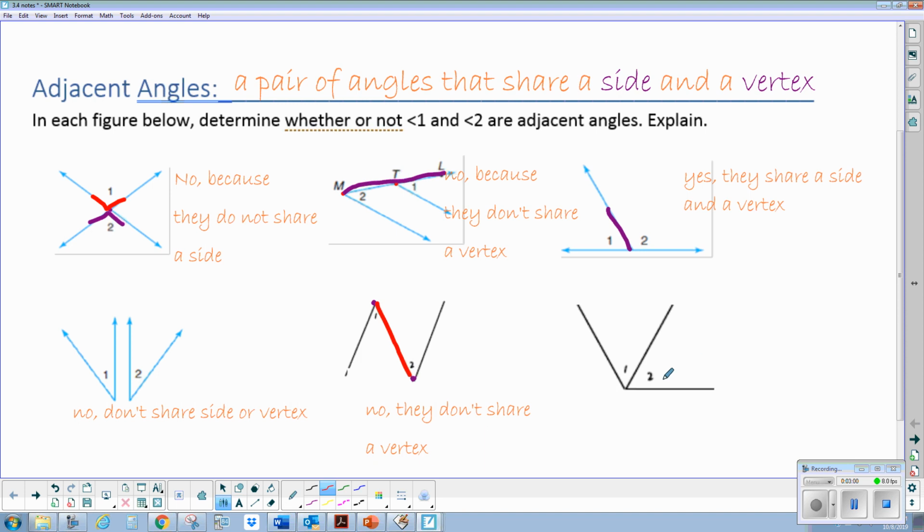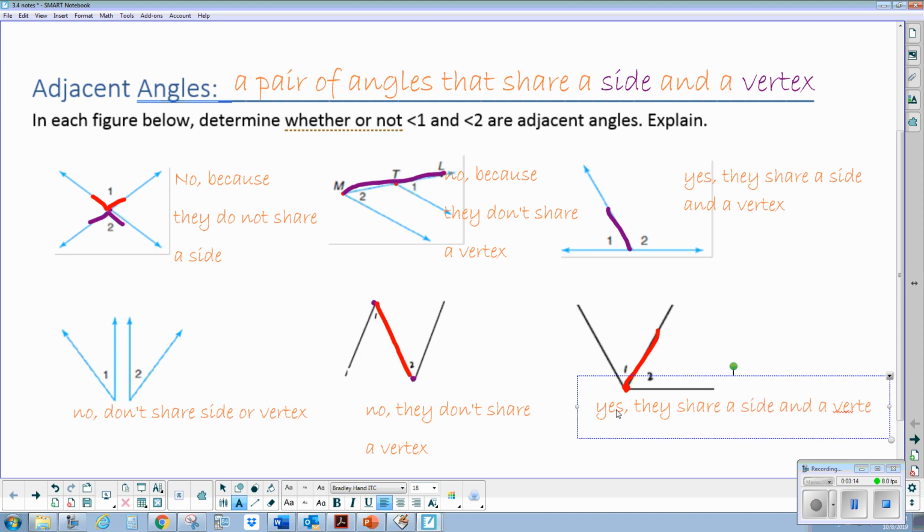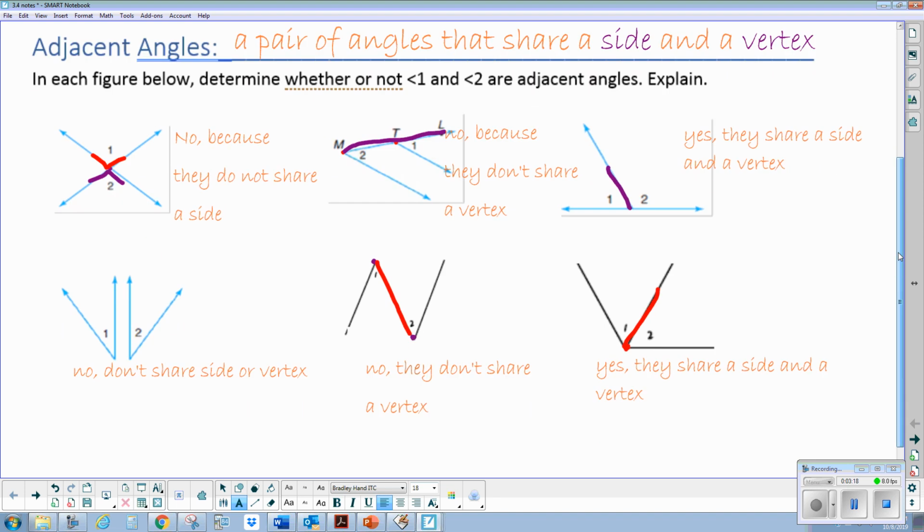And then the last example, our sixth one, here's a vertex, and here's a side of angle 1 and a side of angle 2. So in this last example, yes. They are adjacent angles because they share a side and they share a vertex.